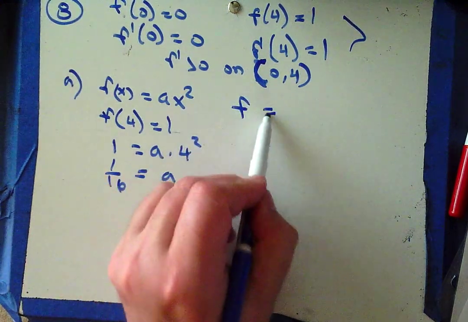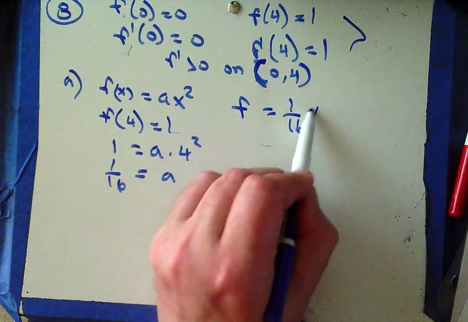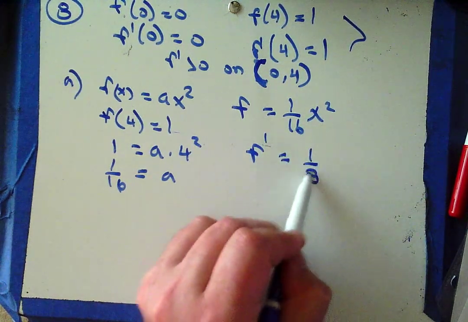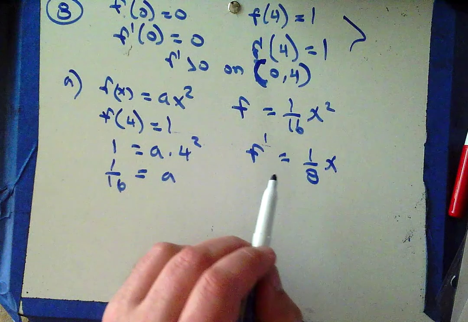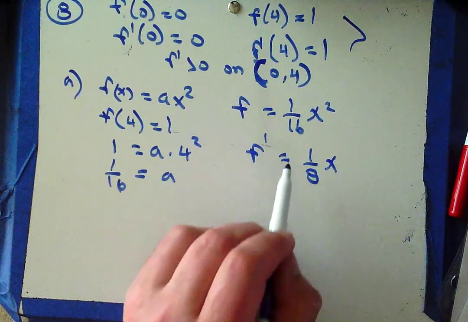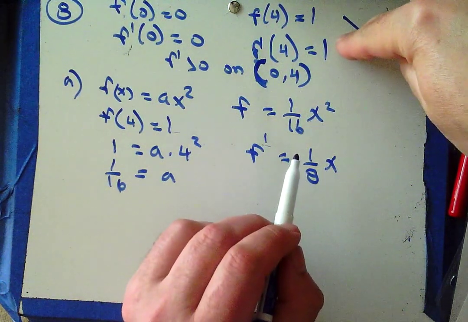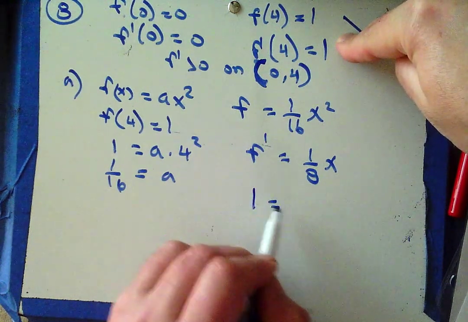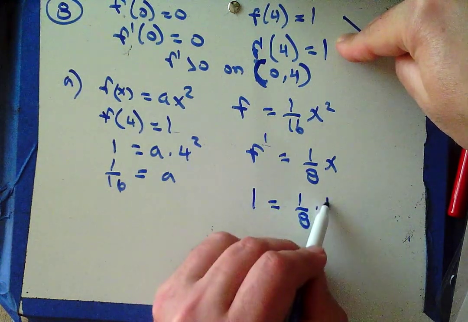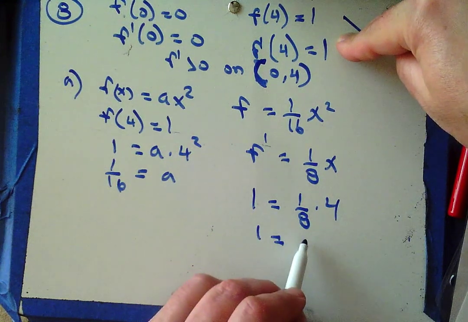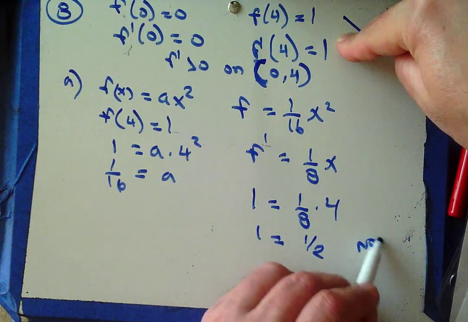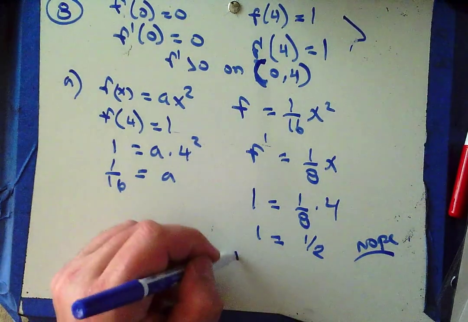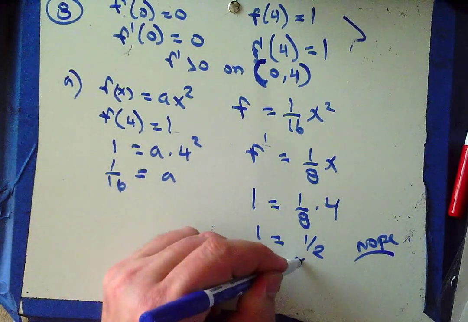In which case, f would be 1 over 16 x squared, and then f prime would be 1 over 8 x. Well, if this meets little double I, then this should also be true. 1 equals 1/8 times 4. 1 equals 1/2. Nope. Not possible.